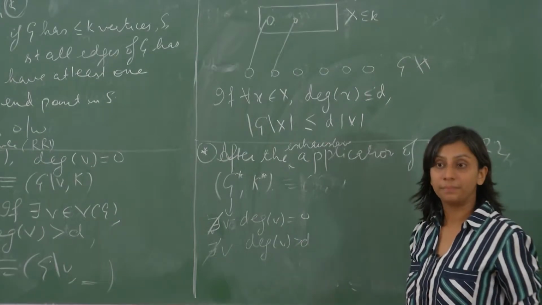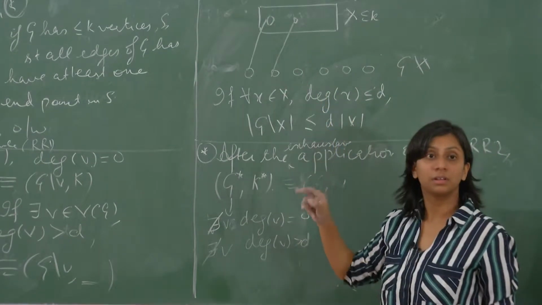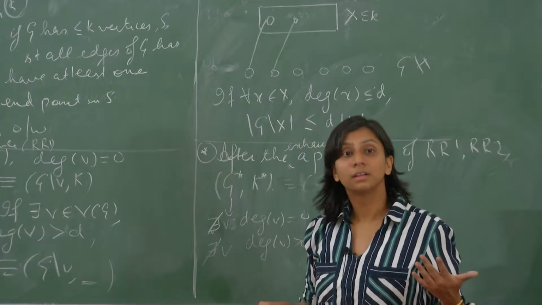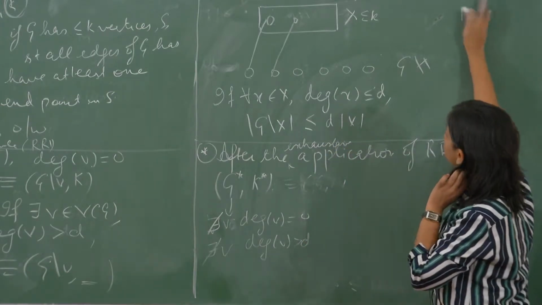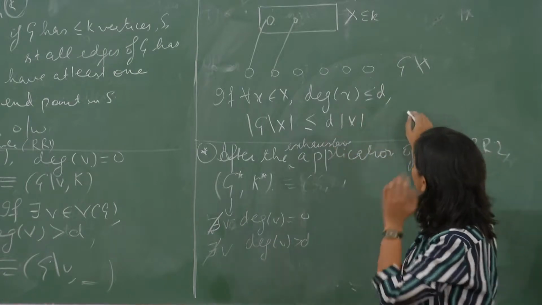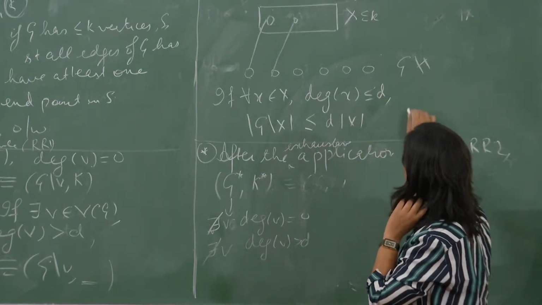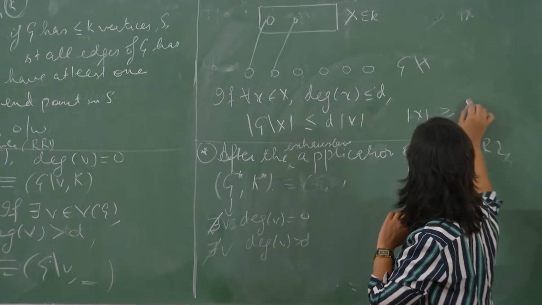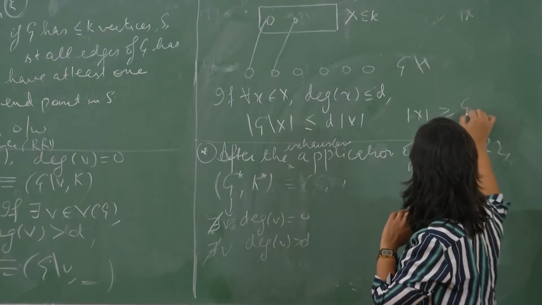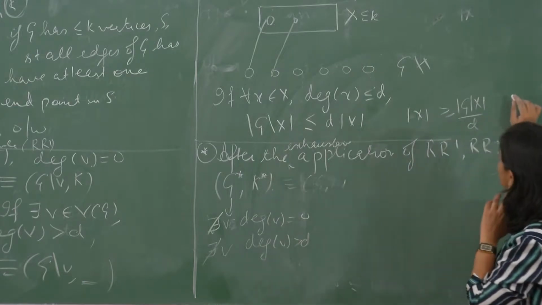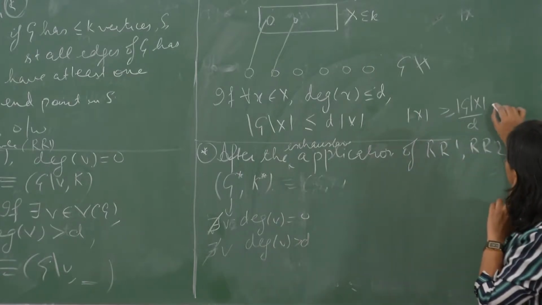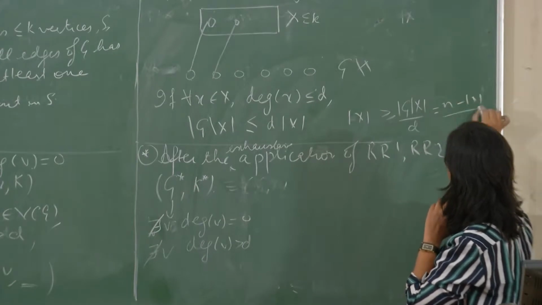Then what can we say? X has to be greater than Y. So this is n minus x by d, yes.